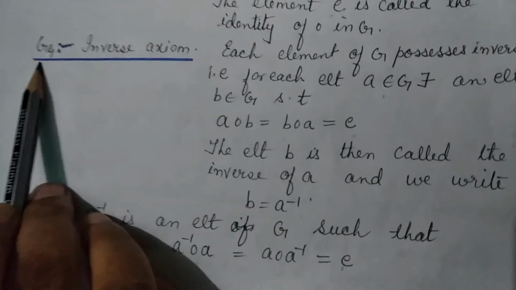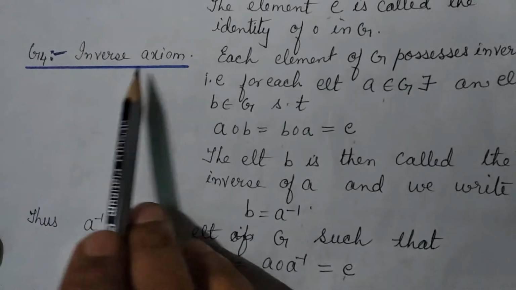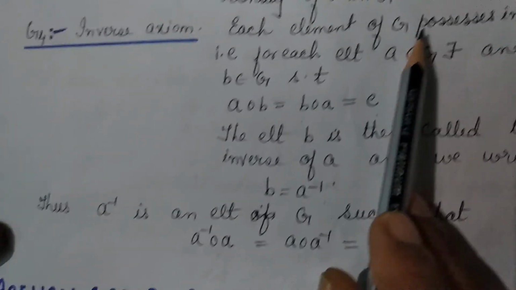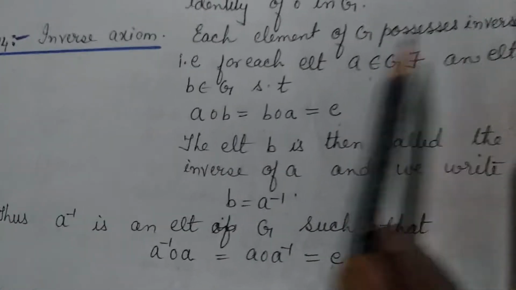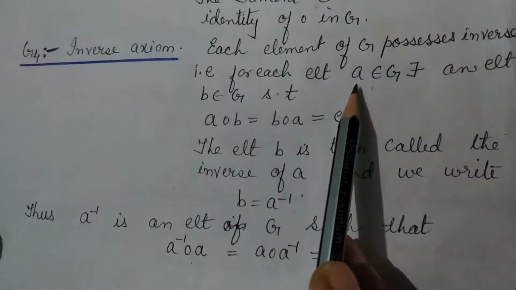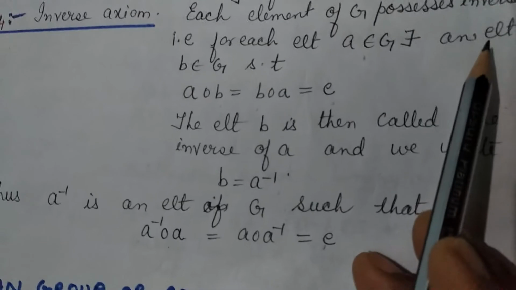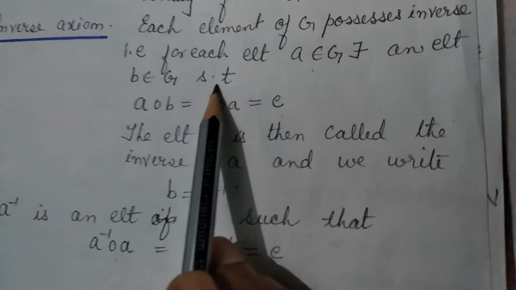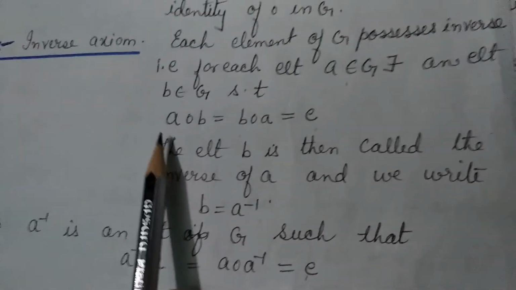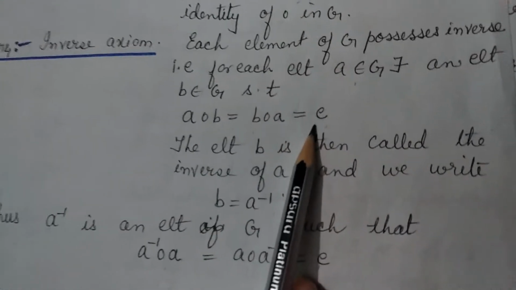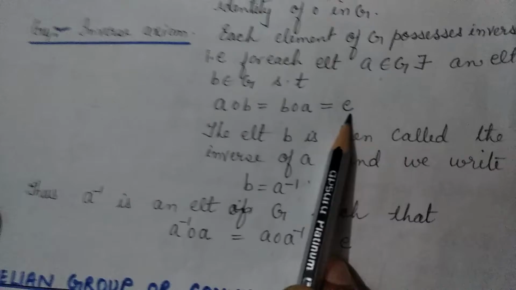G4 is the existence of inverse axiom. Each element of G possesses an inverse, that is, for each element a belonging to G, there exists an element b belonging to G such that a o b is equal to b o a is equal to the identity element e.